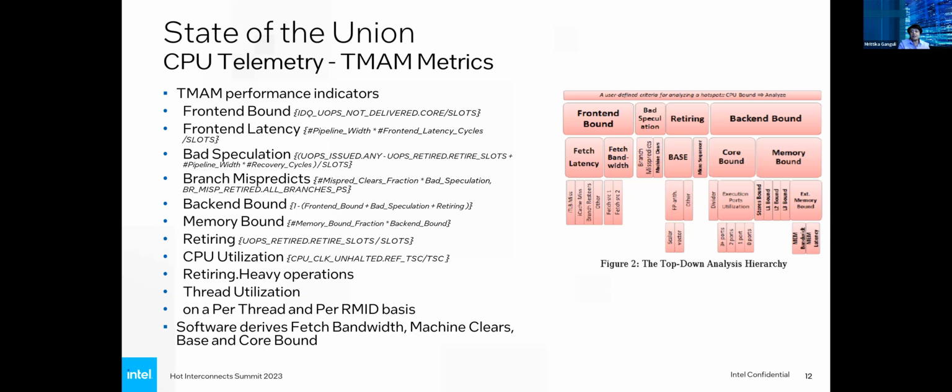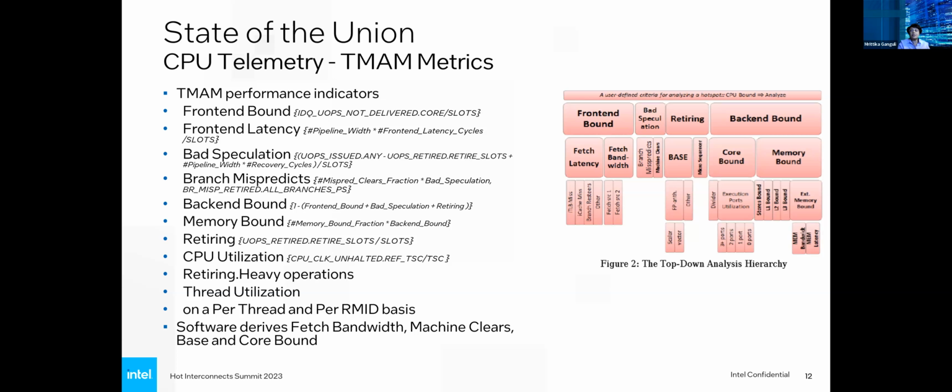At the CPU level, you have simple metrics like those shown in brackets here, like micro ops retired, CPU clock unhalted, or TSC. These are very minute measurements at the counter level.